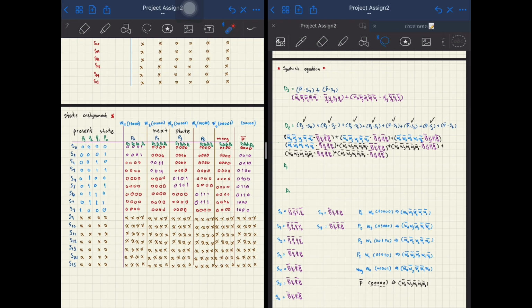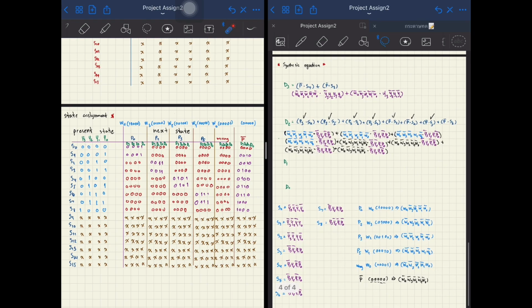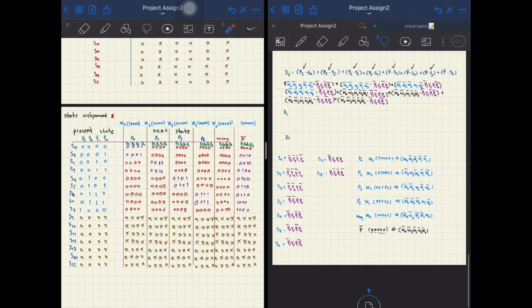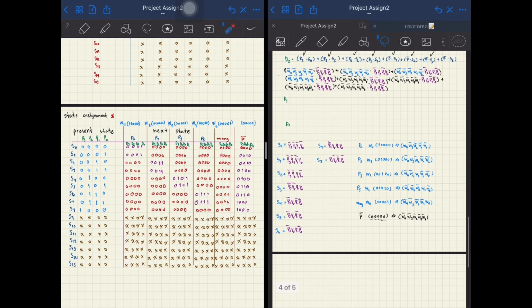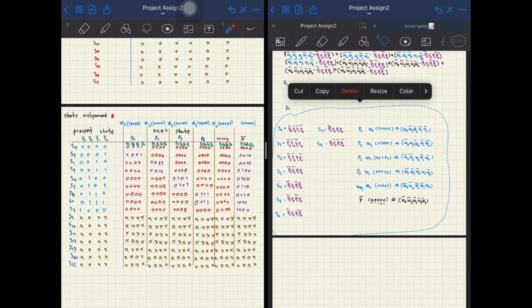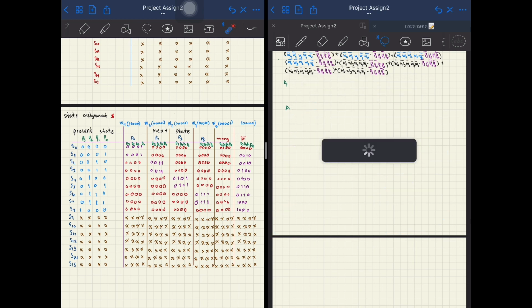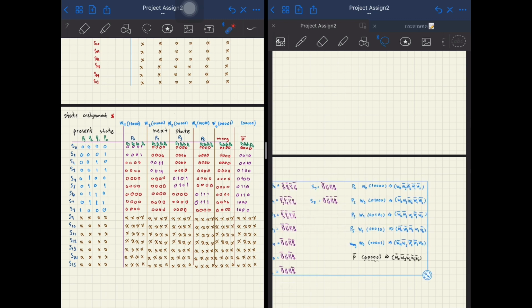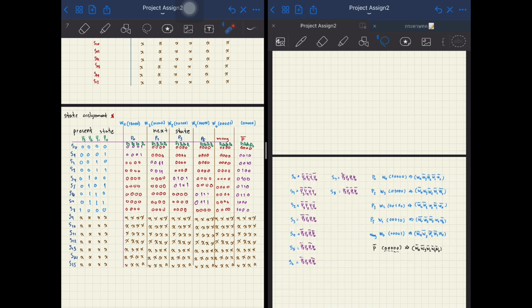So long, right? I must add a page and move this thing because I think it will need more space here, so I will cut it and paste it here. Okay, perfect.